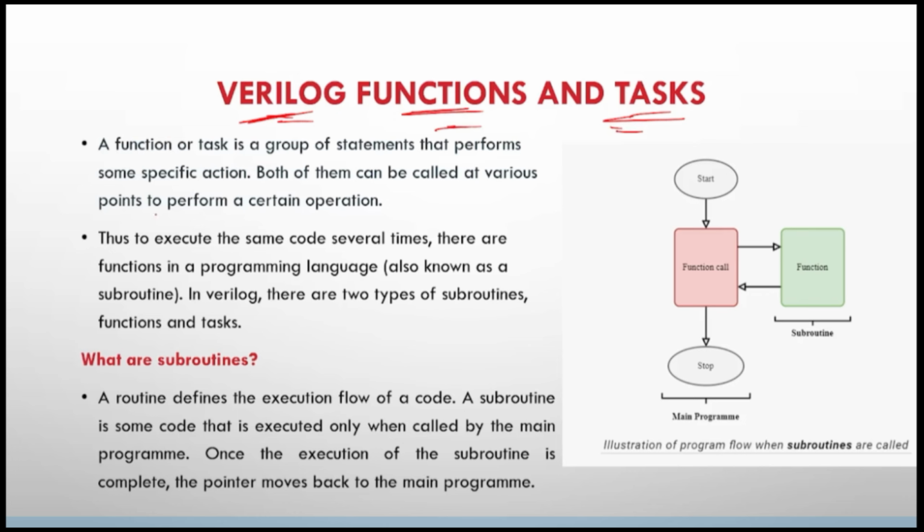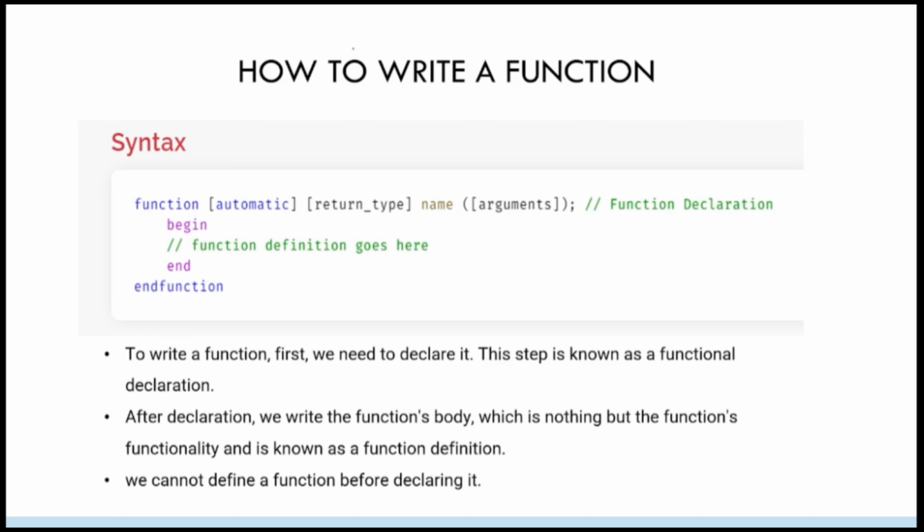Simply, we call a task or function a subroutine. A subroutine is a piece of code that you write once, and when you want to call it, you can call it by name at any part of your code. This is how you will write the function in Verilog. The syntax is function; if you don't give any automatic keyword, it is static by nature.